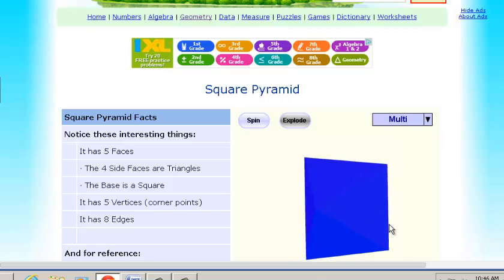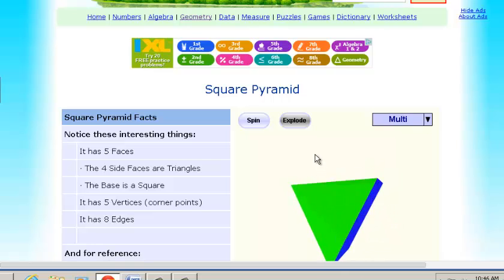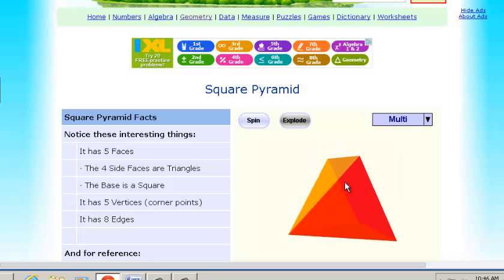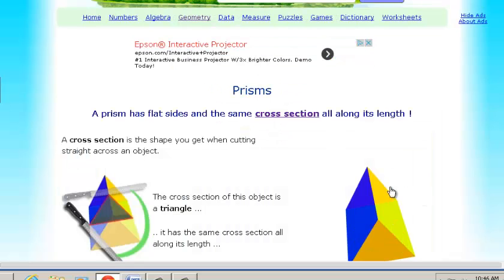And these lines where the faces meet, so where the blue and the red meet, and the green and the blue meet, there you go, those are called the edges.